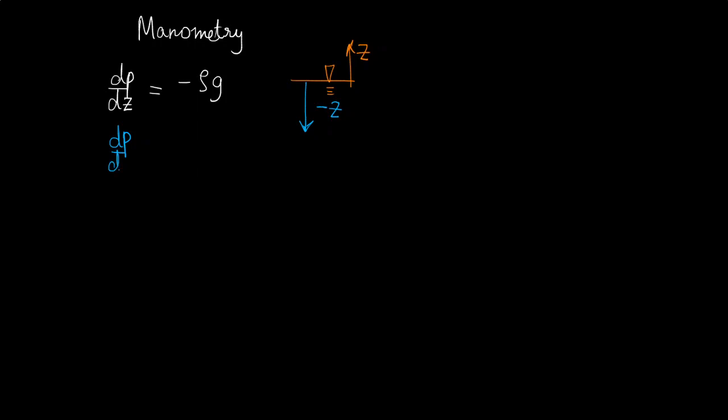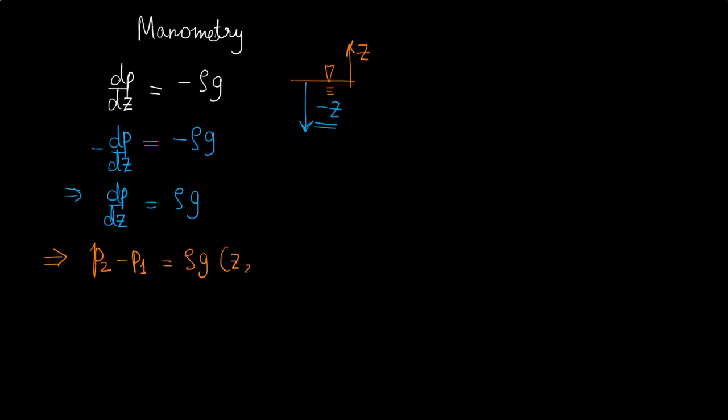Therefore, we have dp/dz with a minus sign because we make the transformation, equal to minus rho times g, which implies dp/dz is equal to rho g, which implies that upon integration between 2 points, P2 minus P1 is equal to rho g (Z2 minus Z1).